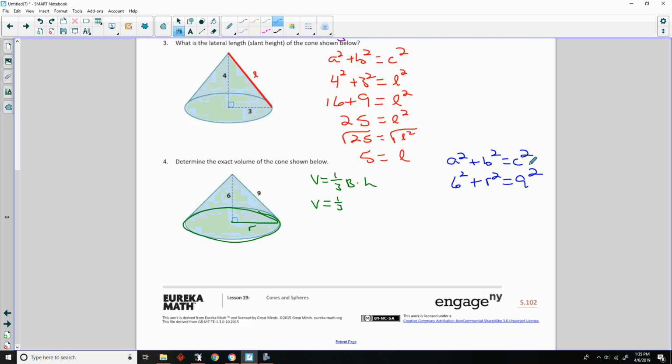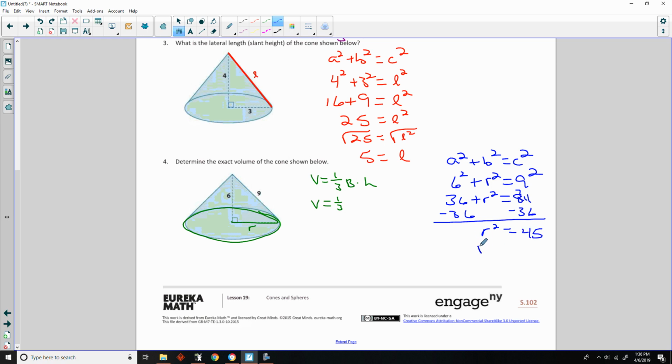So it's always important to write the formula so you substitute correctly. In this case, we know the hypotenuse c, but we didn't know the base b. So now 6 squared is 36, plus radius squared equals 9 squared, which is 81. If I subtract 36 from both sides, then I get r squared to equal 45.